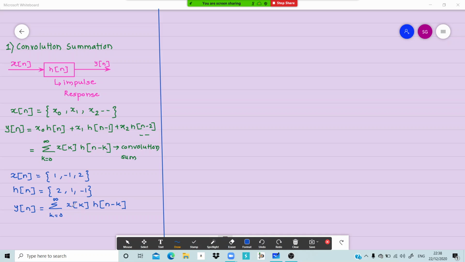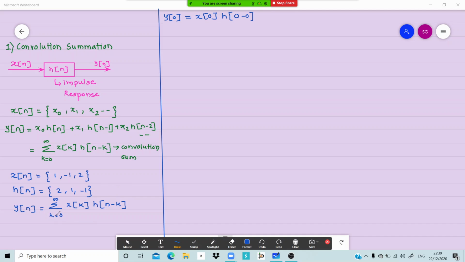So if I'm talking about the first value of k, that is k equal to 0, it is going to be x0. I'll write y0 first. N is equal to 0, so y of 0 is going to give me x with k also 0, and h with n as 0 and k also 0.